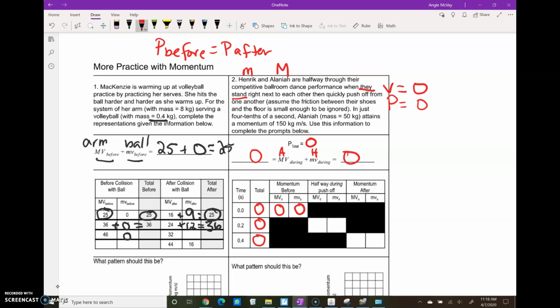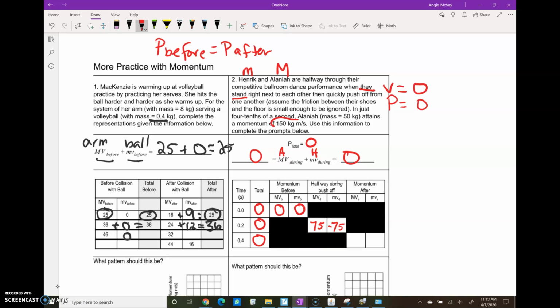So Alanya, let's say she's going in the positive direction, she'll have a momentum of 75, and Henrik will have negative 75. That adds to 0. How did I come up with 75? Well, that's halfway through the push.